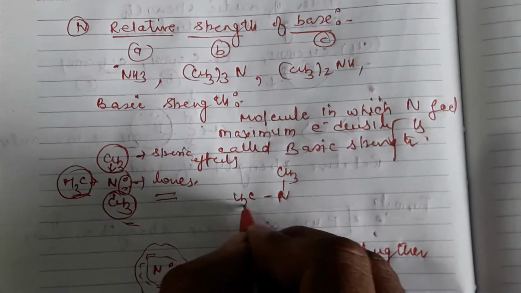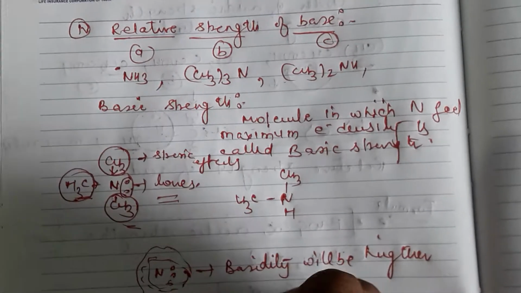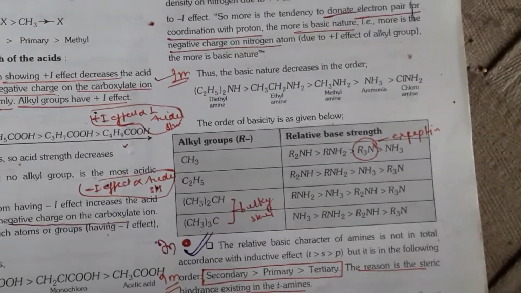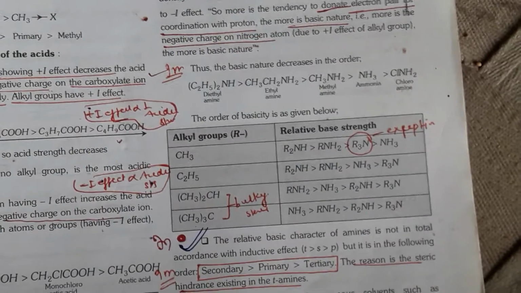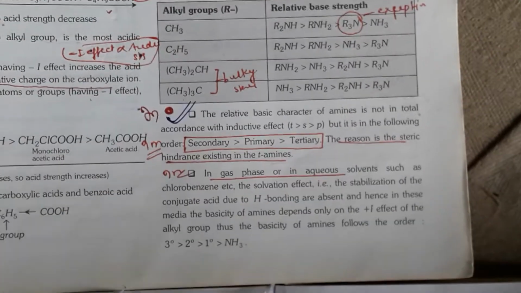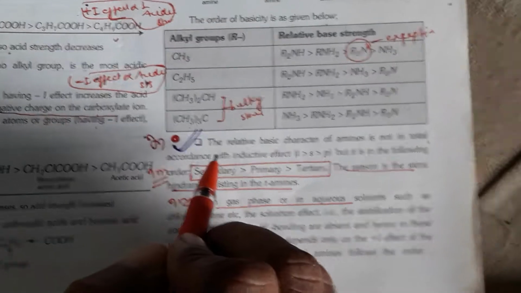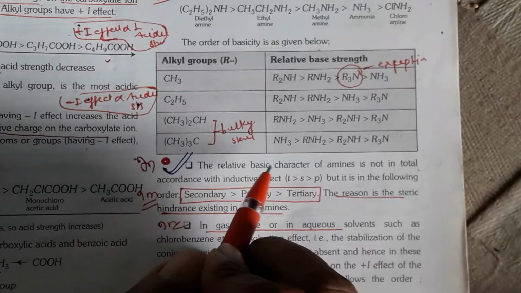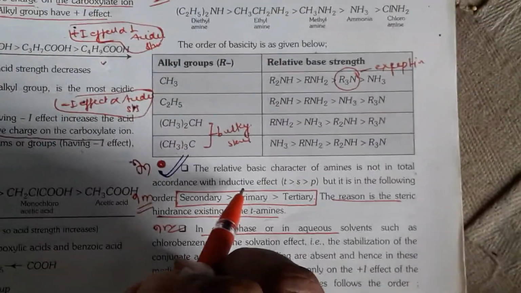This is dimethylamine. If you see in this molecule, first of all you should know one point mentioned here: the relative basic character of amines is not in the total order of inductive effects, tertiary, secondary, primary.